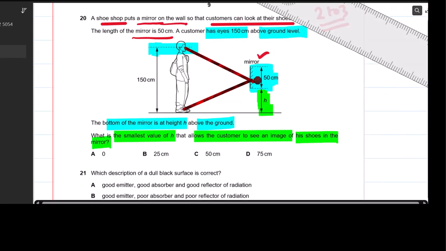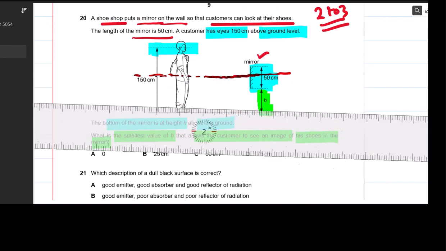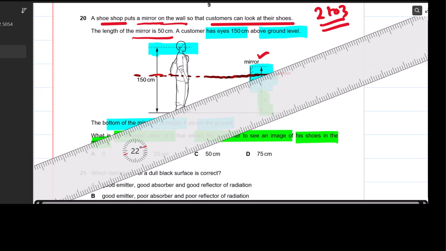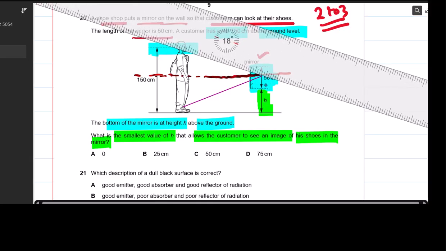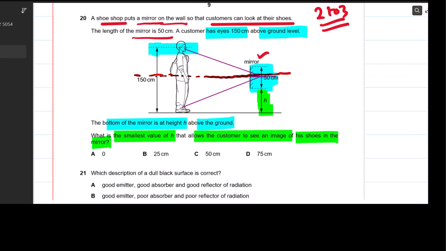So this is the center. If I make the center here, I have to redraw these lines. Then it is going to come from the eyes to this point. So this is the normal here. Till this, it has a height of 75 centimeters.